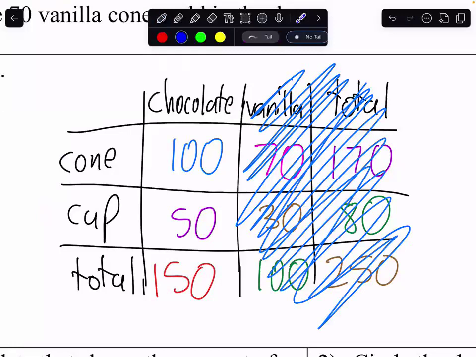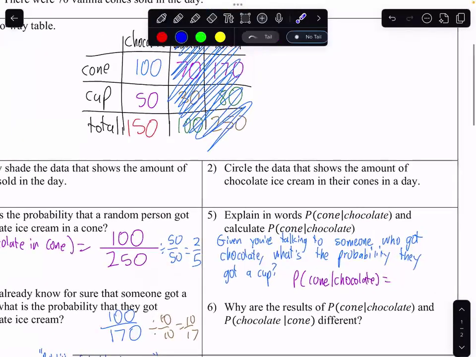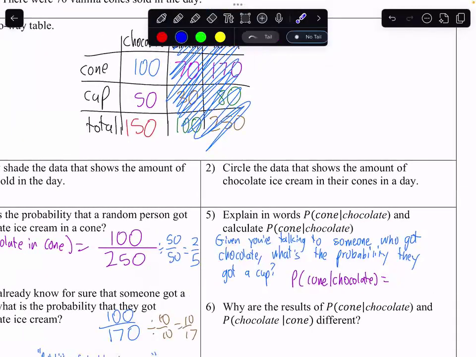You don't care about the people who got vanilla ice cream. You don't care about the total because those include people with vanilla ice cream. The only numbers you care about are the people who got chocolate ice cream. Of those people, there's only 150 people you're allowed to talk to. Again, you're not considering any of the people who got vanilla ice cream.